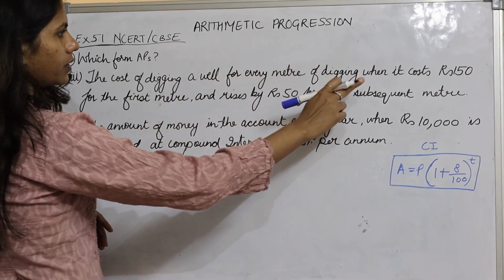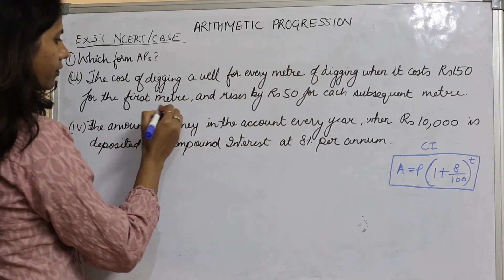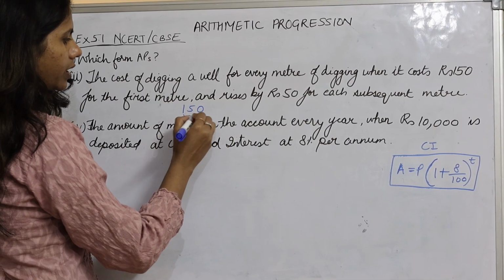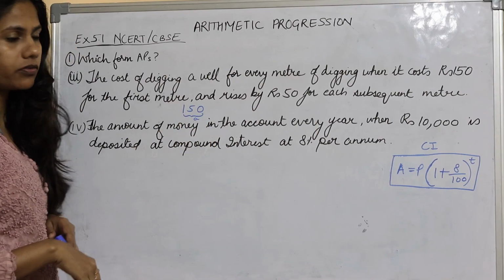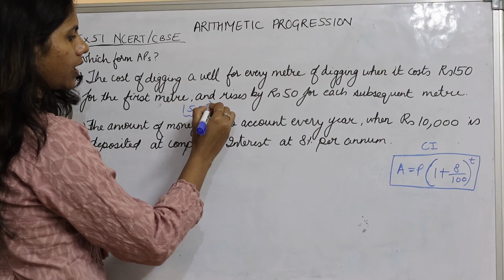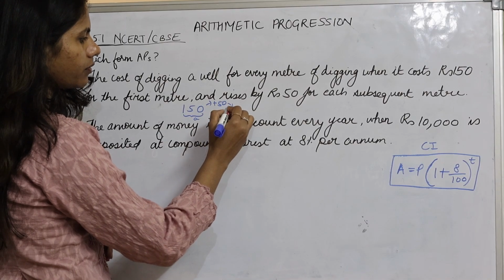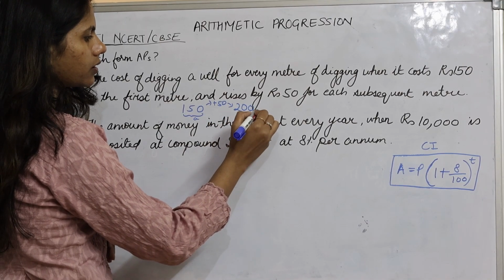For the first meter, it is 150 rupees. So this is our A, which is basically the first term. Now we will add 50 to it and we will get 200.